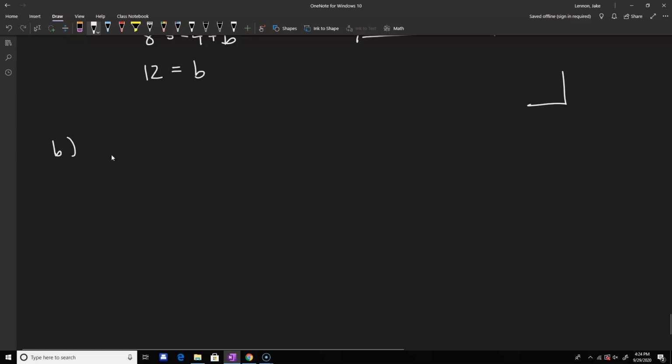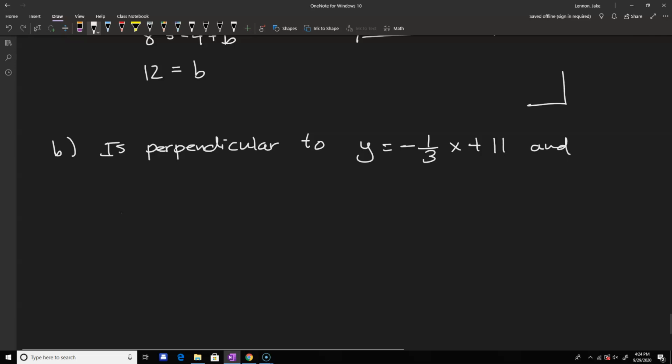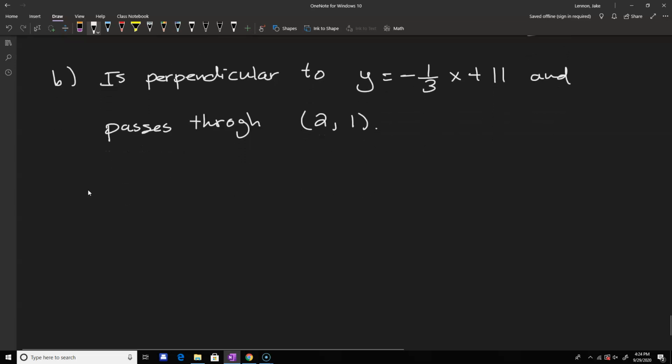So part B, let's say the line is perpendicular to y equals -1/3 x plus 11 and passes through (2, 1). So now our line is perpendicular to this, so our line has to have the opposite reciprocal slope of negative 1/3.